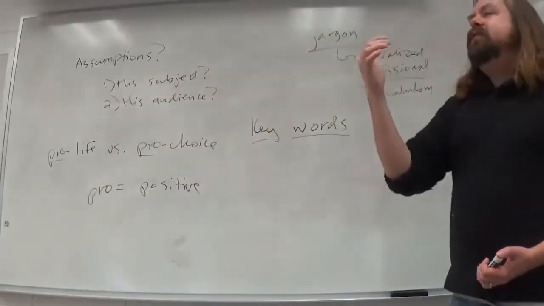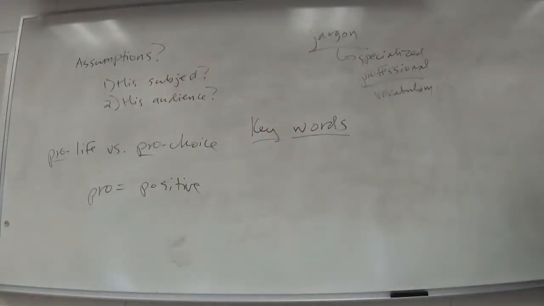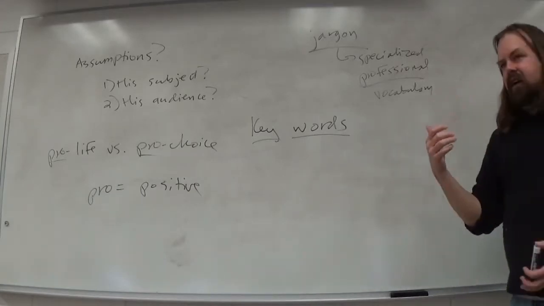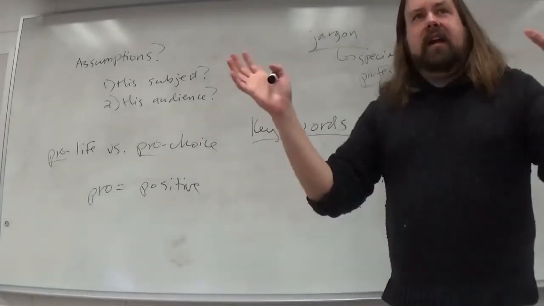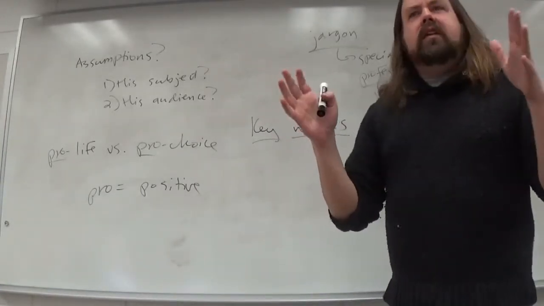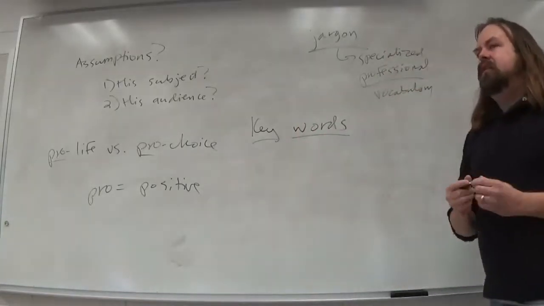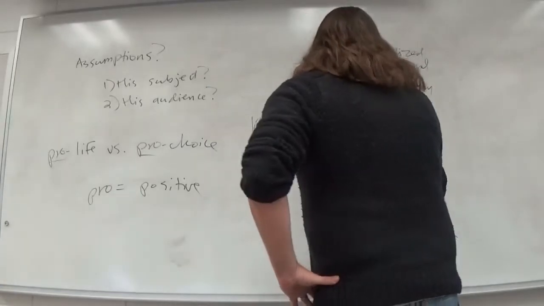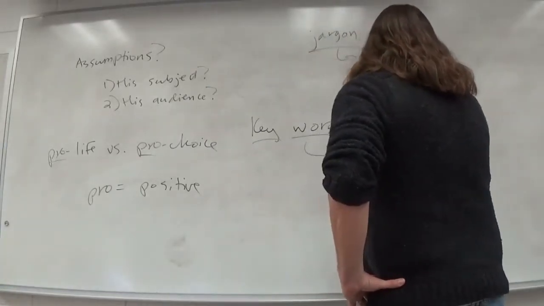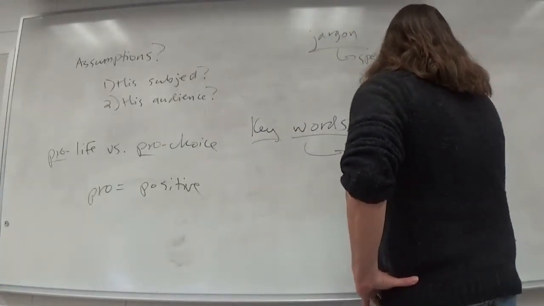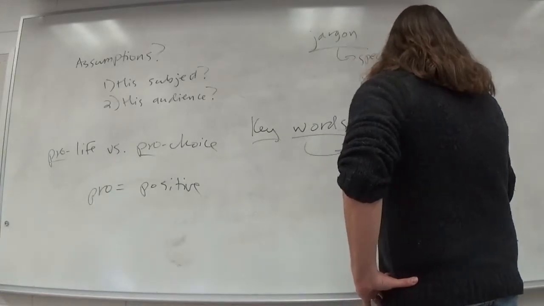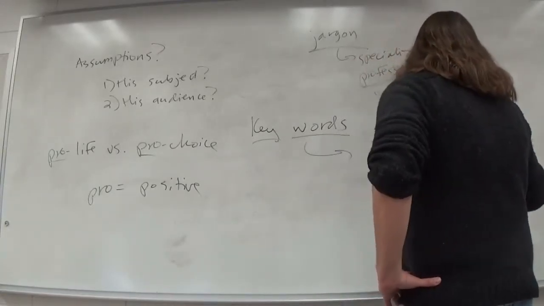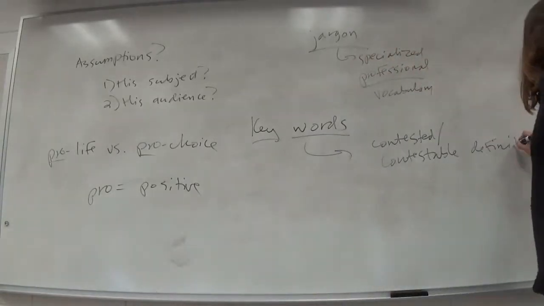So we often think that what we mean when we speak is clear, when in fact it's kind of muddied, right? So what I want you to look for in this particular article is words that have sort of contested or contestable definitions.